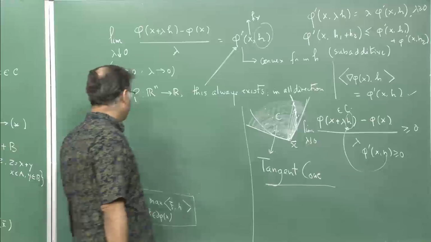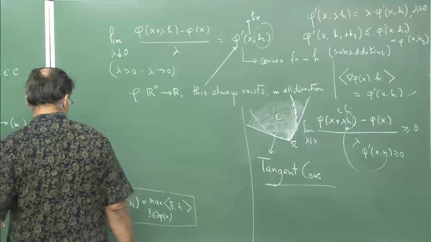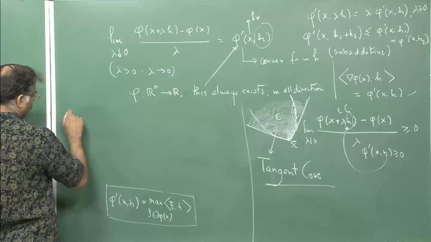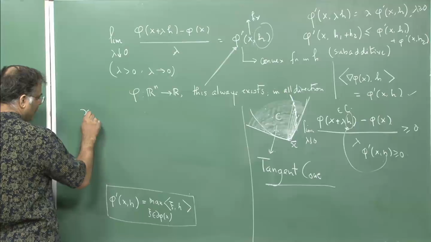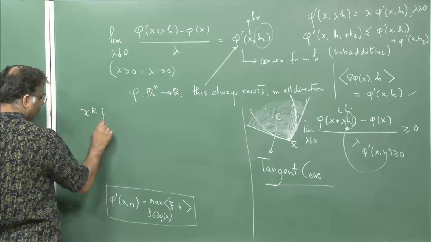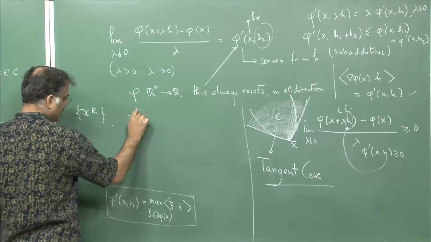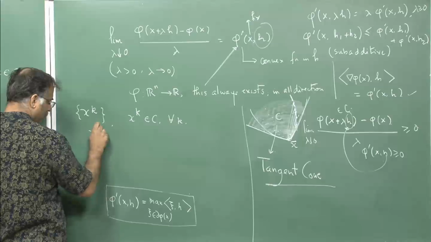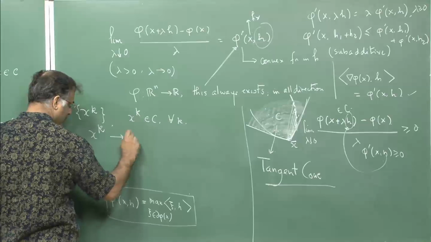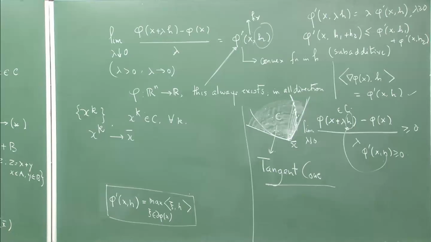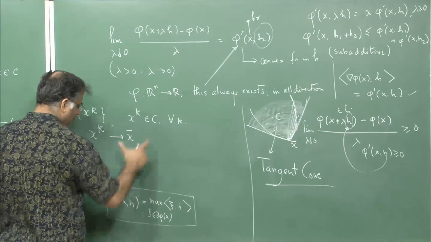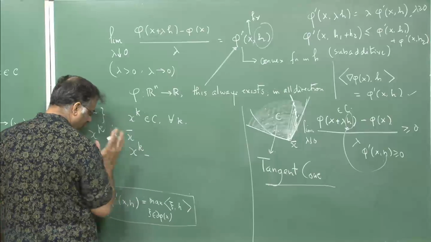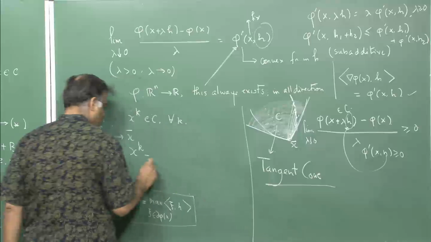It came around 1938. So, what it says is the following. You consider a sequence xk, with each xk an element of C, and such a sequence is converging to x bar. Now, scale it by some number, so that it does not become the zero vector, so that you really observe in which direction it is converging.